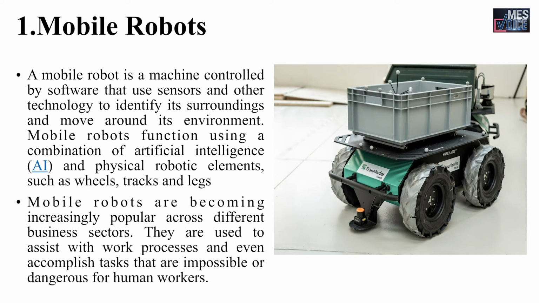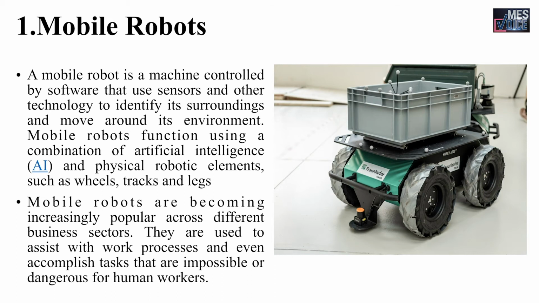A mobile robot is a machine controlled by software that uses sensors and other technology to identify its surroundings. Mobile robots mainly function with the help of artificial intelligence and physical robotic elements such as wheels, tracks, and legs. These mobile robots are popular nowadays in business because they can perform tasks that are impossible and dangerous for human workers.